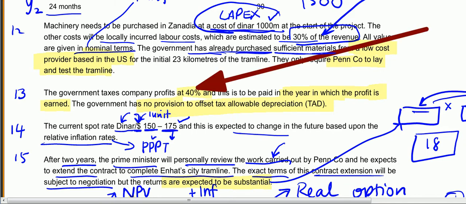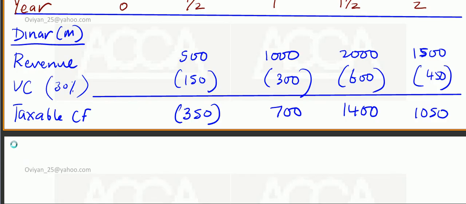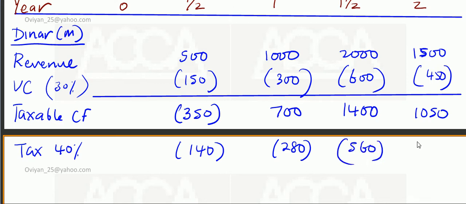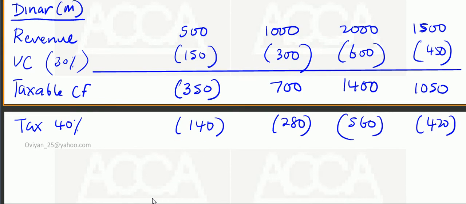The company tax, the government is charging us 40%. 40% of 350, you calculate, is going to be 140. 4 times 7 is 280. 4 times 14 is 560. 40% of 1,050 is going to give us 420. So we have done that.